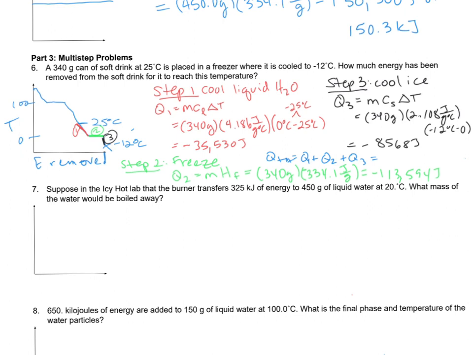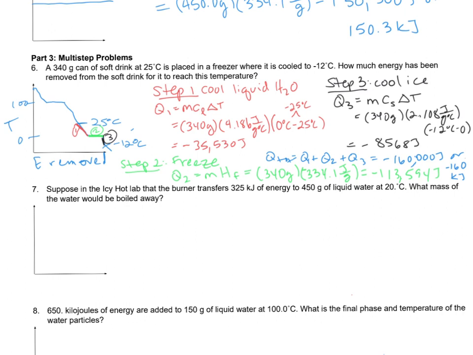And then this only needs 2 sig figs because if you look, 340, 25, negative 12, they all have 2 sig figs. So our answer is going to have 2 sig figs, and it's going to be negative 160,000 joules, or if you prefer, negative 160 kilojoules for our final answer.